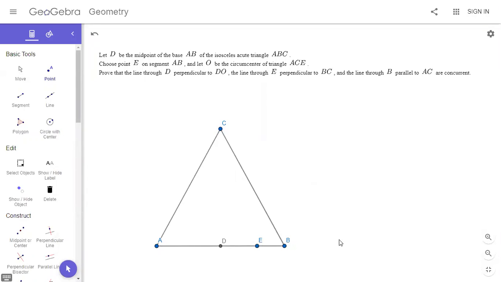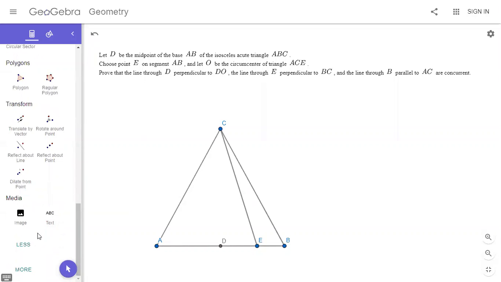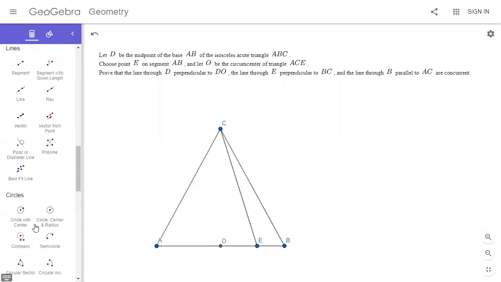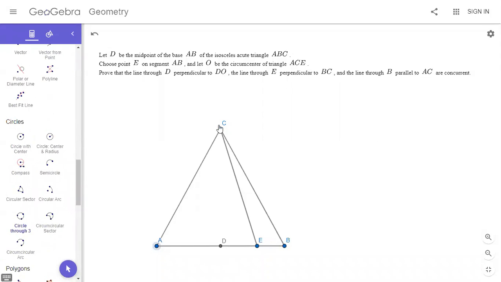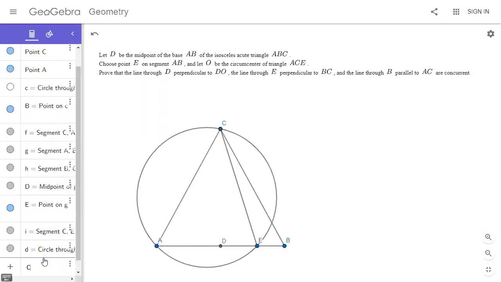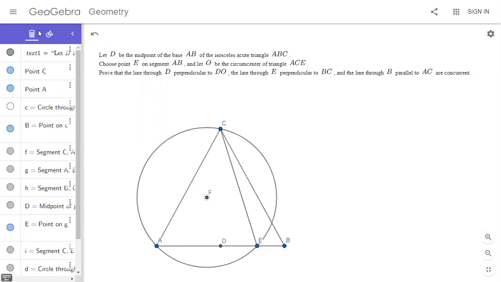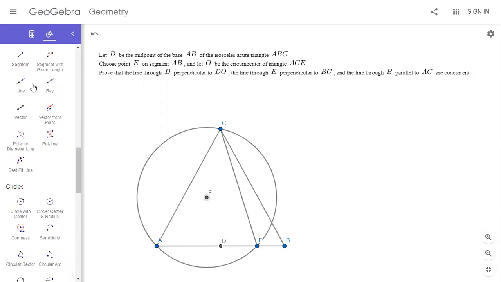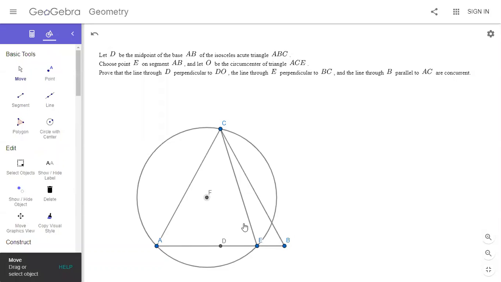And O is the circumcenter of ACE. Call that O.